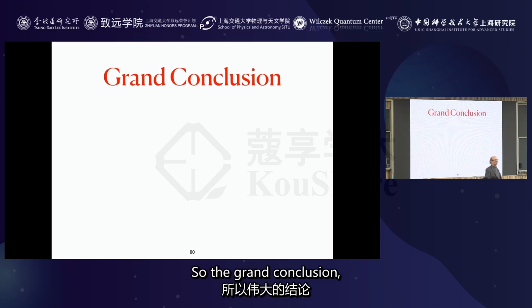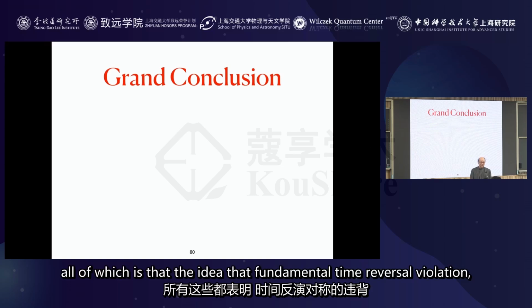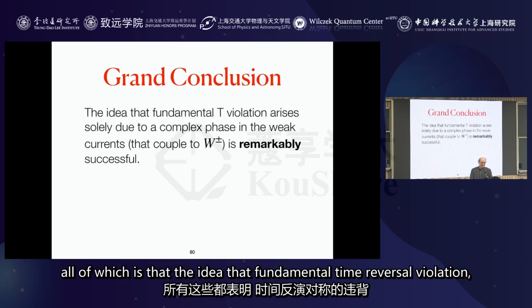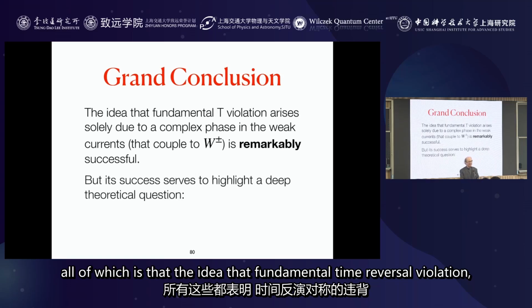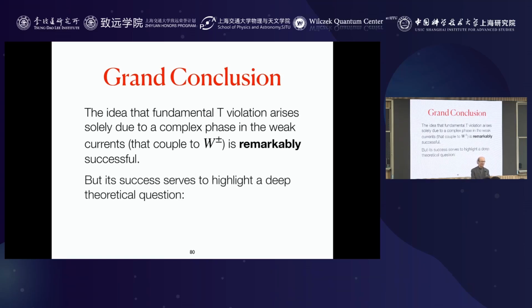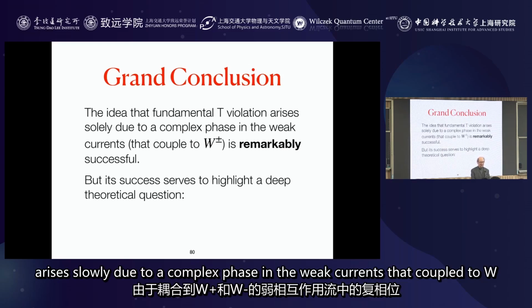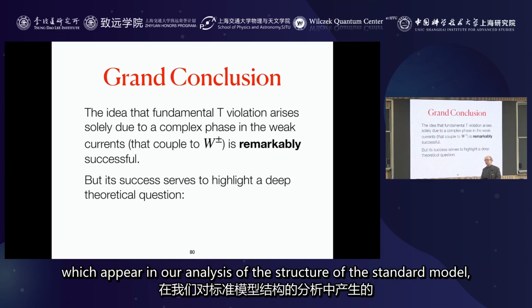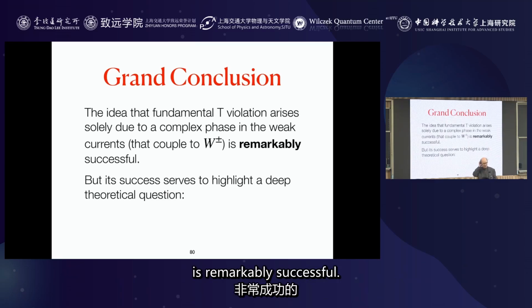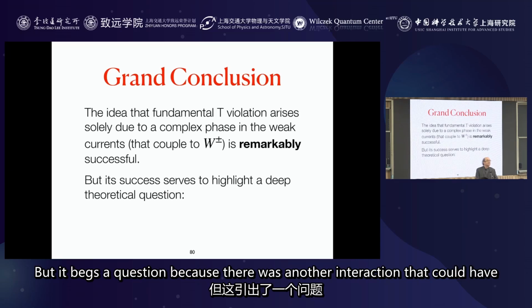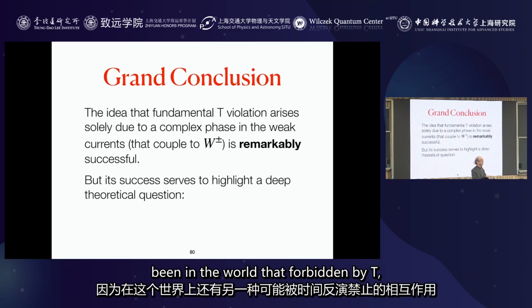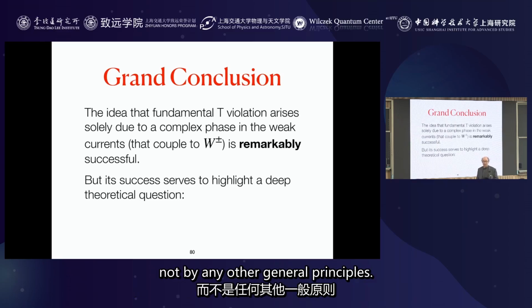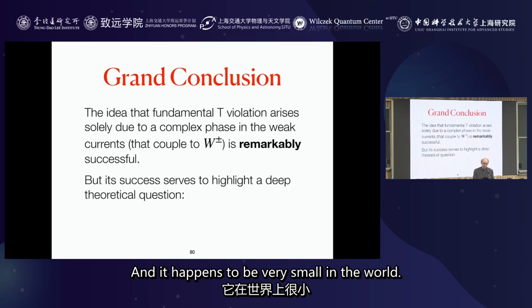Okay, so the grand conclusion of all this is that the idea that fundamental time reversal violation arises solely due to a complex phase in the weak currents that couple to W plus and minus, which appeared in our analysis of the structure of the standard model, is remarkably successful, but it begs a question, because there was another interaction that could have been in the world that was forbidden by T, not by any other general principles, and it happens to be very small in the world.